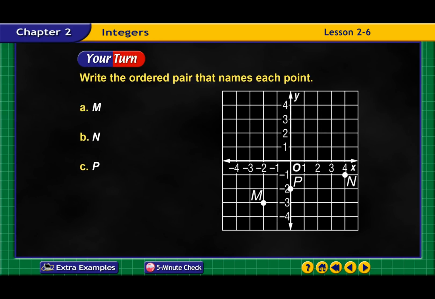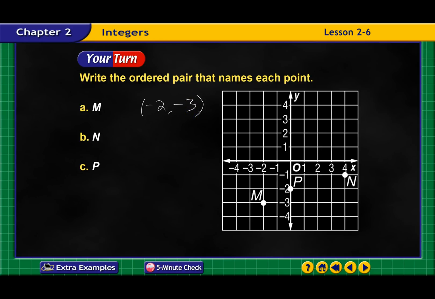All right, try these out. So M, I'm going to go over 2 to the left, so my x coordinate is going to be -2. And my y coordinate, I go down 3, so -3.